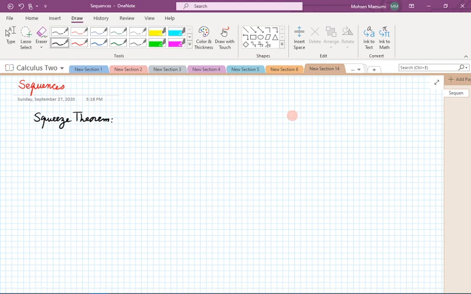So in calculus you had this theorem in the following context. You had perhaps one function, let's call that function f, and this function f had some limit, and you had some other function, perhaps g, and f and g were sharing the same limit.